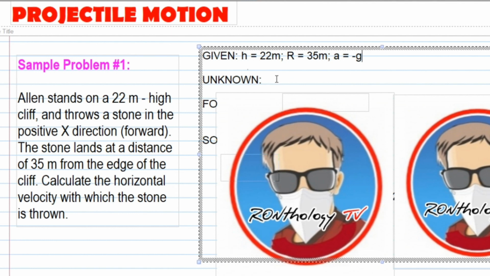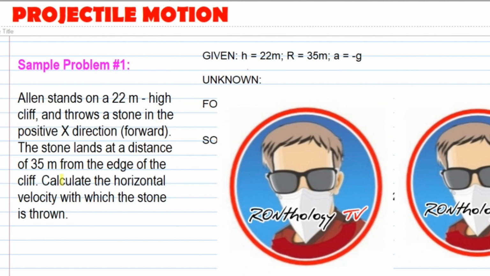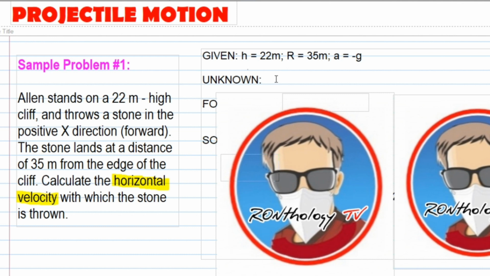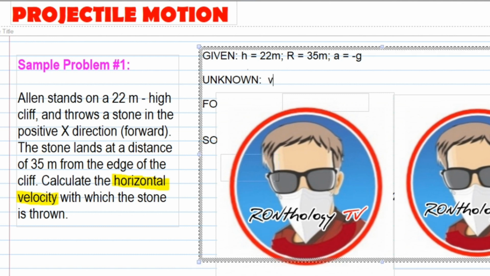Okay? So ano naman ang hinahanap sa sample problem number 1? Kung babasahin nyo maigi, malinaw na malinaw, calculate the horizontal velocity. Meaning to say, Vx ang hinahanap. Okay? So, sulat ko na dito ay Vx. Kaya lang walang subscript dito, kaya Vx na lang ganyan. Okay? Is equal to unknown.